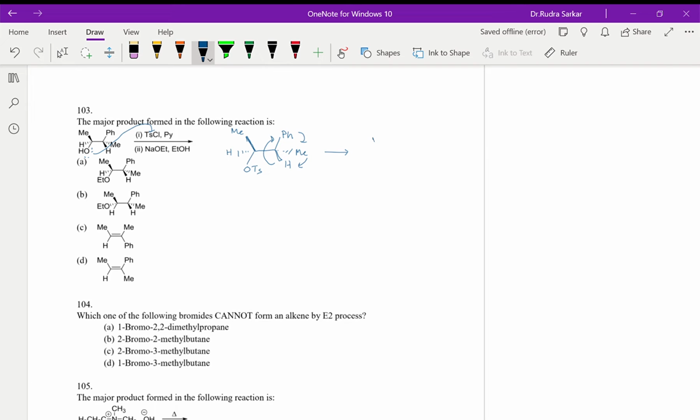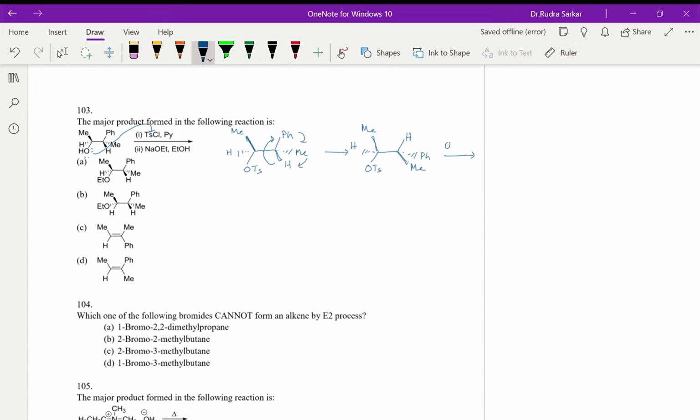For that, we will simply rotate the molecule over here. So this becomes methyl, that becomes phenyl, and that becomes hydrogen. This is your OTs. This is your methyl. All right, and that is your hydrogen.